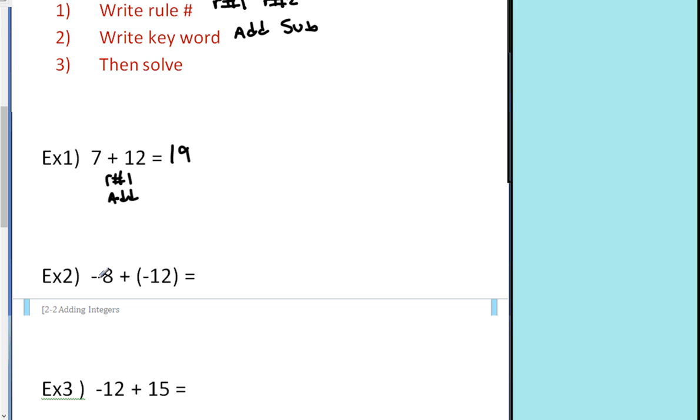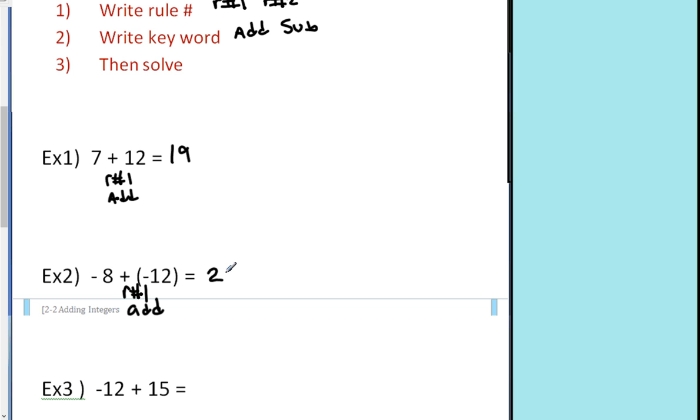Next problem, -8 plus -12, same sign or different signs. Red chips plus red chips, they're the same. So once again, this is rule number 1. What's the key word? When adding two numbers with the same sign, add them. So the key word is add again. -8 plus -12, 8 red chips plus 12 red chips is 20.